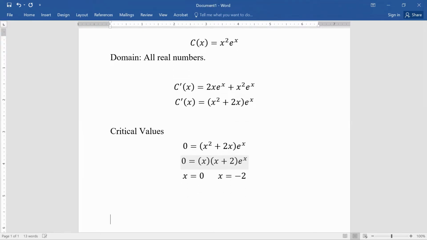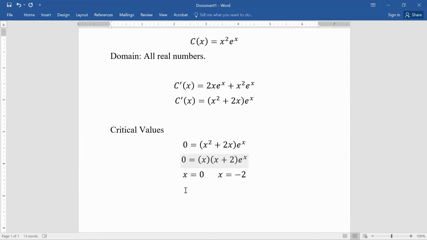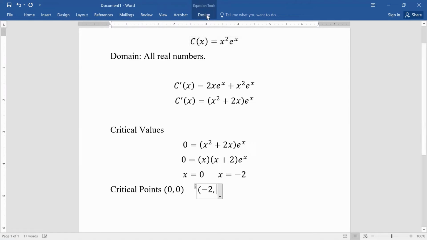Let's look at the corresponding critical points. When you plug in 0 into your original function, you get an output which is 0. When you plug in -2 into the original function, you get an output which is -2 squared, that's 4, times e to the -2 power.